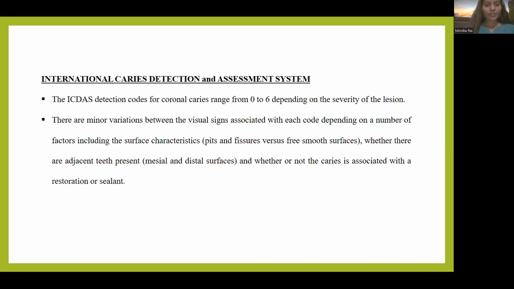Now, the International Caries Detection and Assessment System, ICDAS. Detection codes for coronal caries range from 0 to 6 depending on the severity of the lesion. There are minor variations between the visual signs associated with each code depending on a number of factors, including the surface characteristics, pit and fissure versus free smooth surface, whether adjacent teeth are present on the mesial and distal surfaces, and whether or not the caries is associated with restorations and sealants.